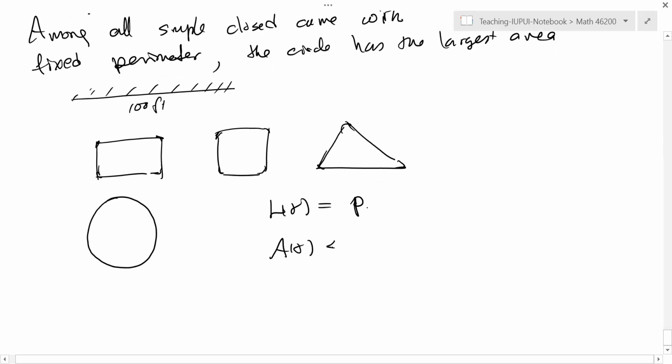According to the above formula, the area is going to be p squared over 4 pi. Okay, area will never be larger than that: the square of the parameter divided by 4 pi. And the equality holds if and only if gamma is a circle.